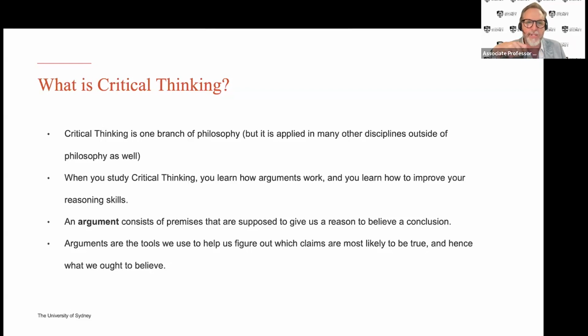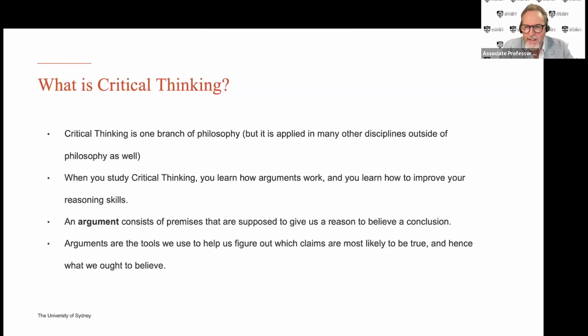So you'll hear philosophers talking a lot about arguments, and in the study of critical thinking, we're focused on arguments, but this can be a little bit confusing. By argument here, we don't mean two people yelling at each other. Arguments are not always aggressive or combative.